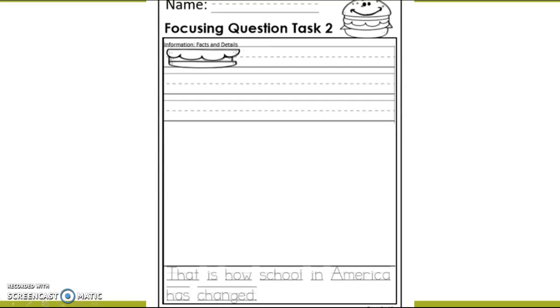And remember, we're going to be sounding out the words and spelling them the way we think they sound. First word is now. Now. Finger space, people. P, o, people.